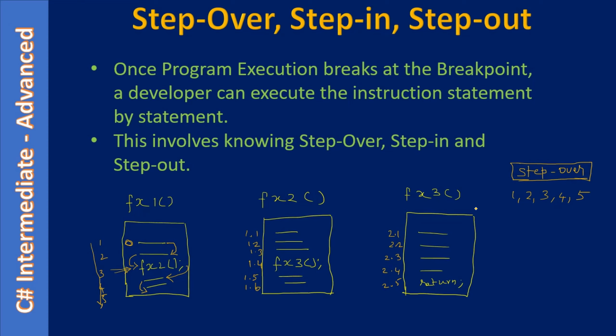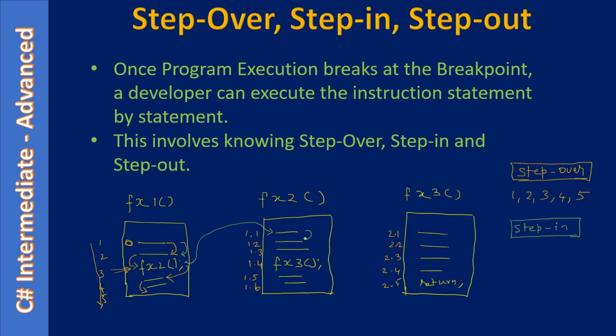Now let us look into step in. When we go through the step in option, as usual the program will halt at the breakpoint, and when you ask for step in, it will go to the next line and the execution stays here. If you call for step in again, the call reaches the next function, fx2.